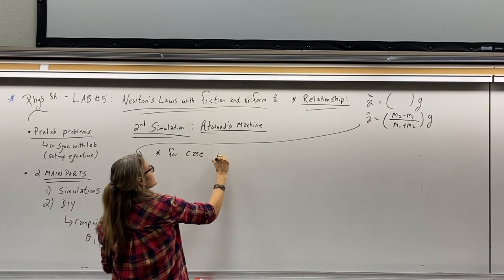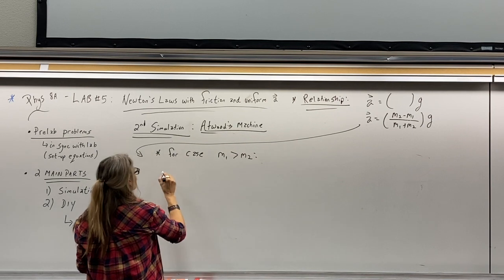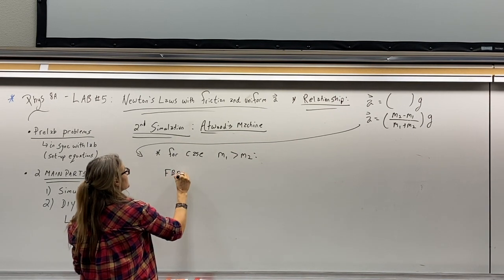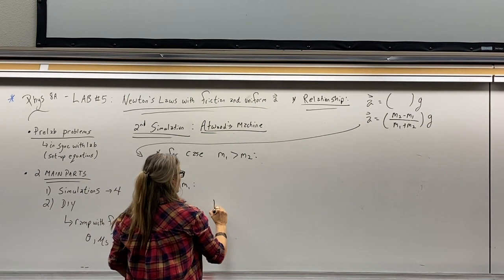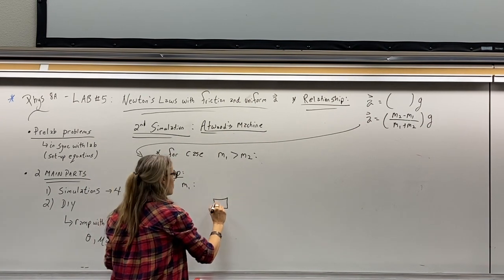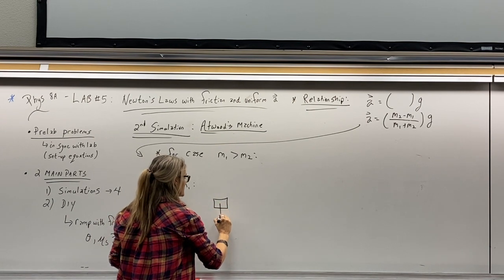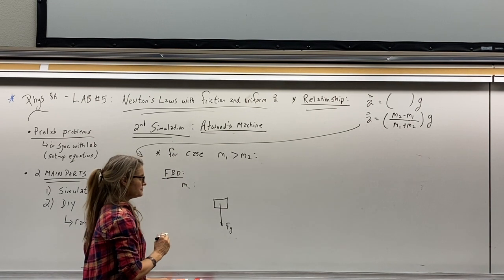For the case M1 is greater than M2, let's go ahead and do a free body diagram. For M1, if we think about our Atwood machine, if M1 is heavier than M2, it'll accelerate in this direction, so this would be Fg for 1.